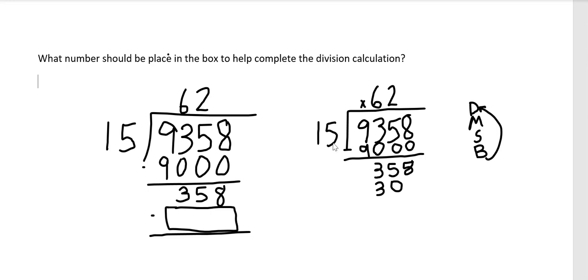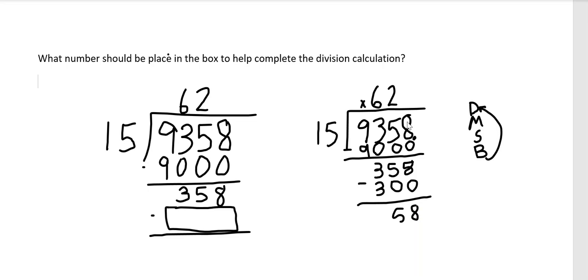And then when we multiply 15 times 20, since the 2 is above the tens place in our dividend, that's 20, 2 tens. 15 times 20 would be 300. And then when we subtract, we get 58.